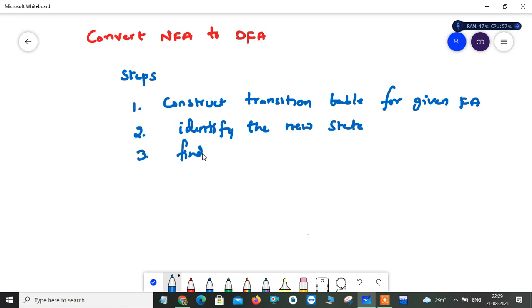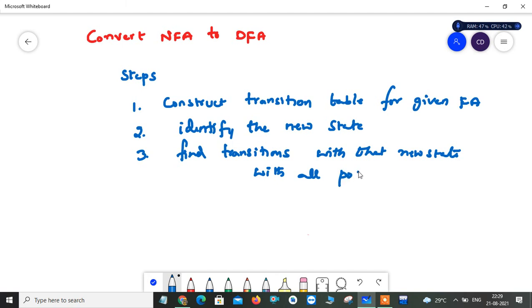In the third step, find transitions with those new states. Whatever new states you have, you start finding the transition functions for them with all possible inputs. You can take all the possible inputs from your sigma and find the transitions using those input symbols.